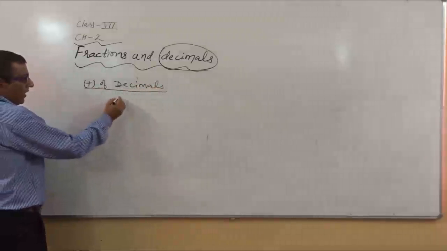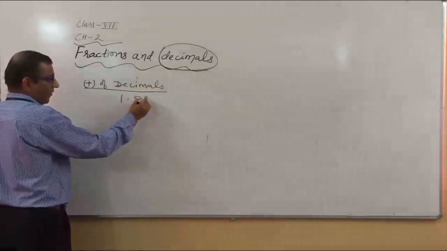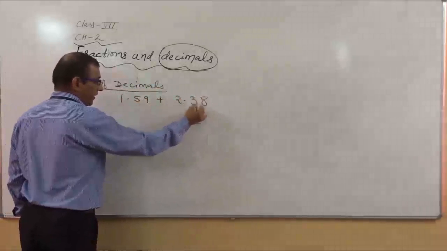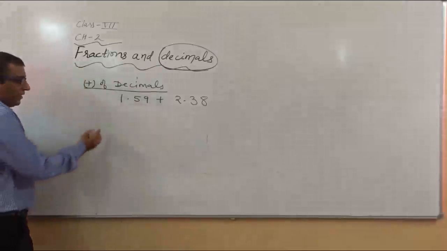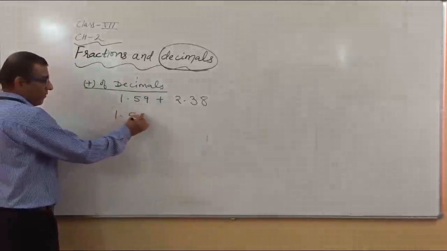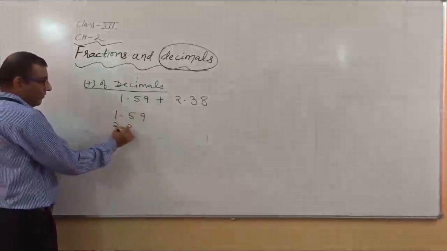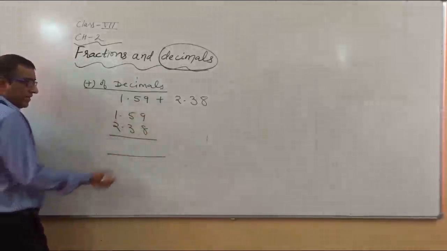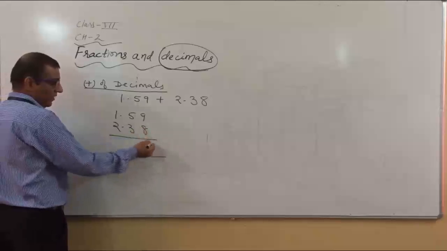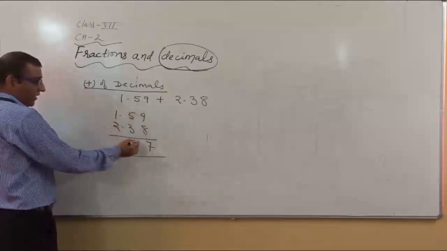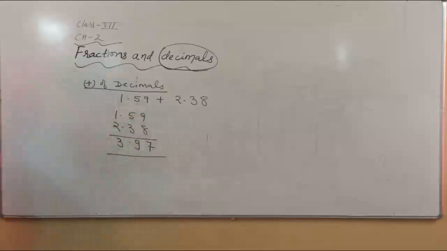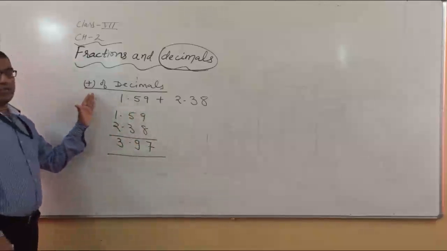If you want to add 1.59 and 2.38, it is a very simple thing. How will you add? By the vertical method, it can be written this way, then you draw 2 lines and add. 9 and 8 is 17, 7 remains and 1 you carry forward, and you will get 3.97 as the addition of these two decimal numbers.